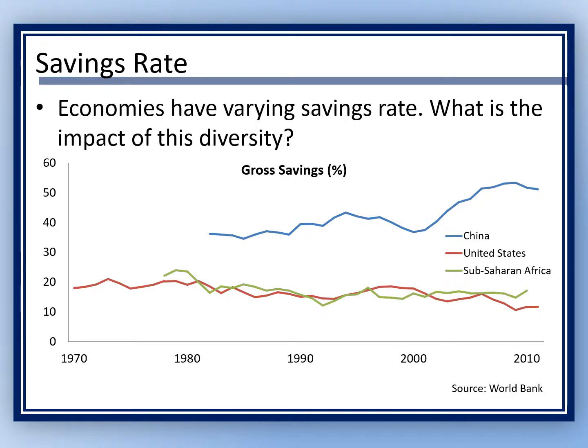Now, you might ask, okay, is the United States actually saving 20%? That's a good question. If you're talking about individuals, no. Individuals in the United States do not have a 20% savings rate. What we're talking about here is the economy as a whole.